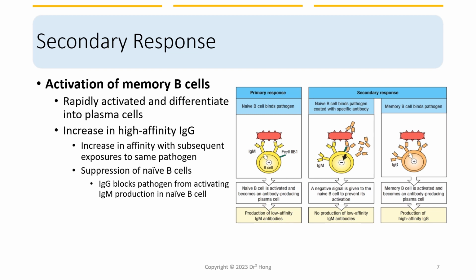IgG antibodies have higher affinity and increased effector functions compared to IgM, which makes them more effective in binding to and clearing the pathogen. The IgG blocks pathogen from activating IgM production in naive B cell.